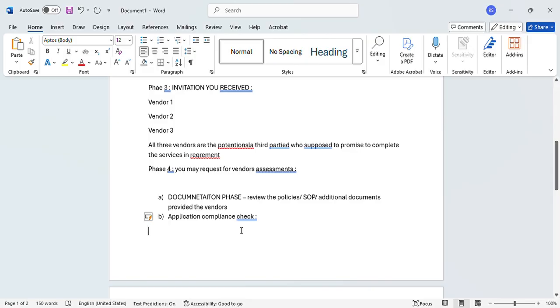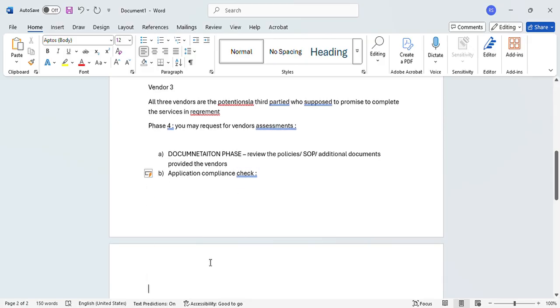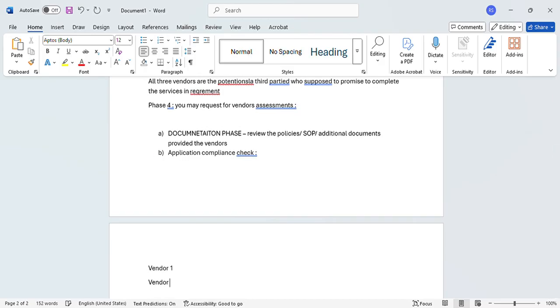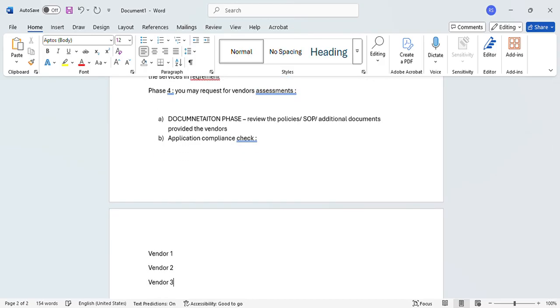After completion, I had assessed vendor 1, vendor 2 and vendor 3. For example, I am satisfied with vendor 1. Why? Because all policies and compliances check in place.